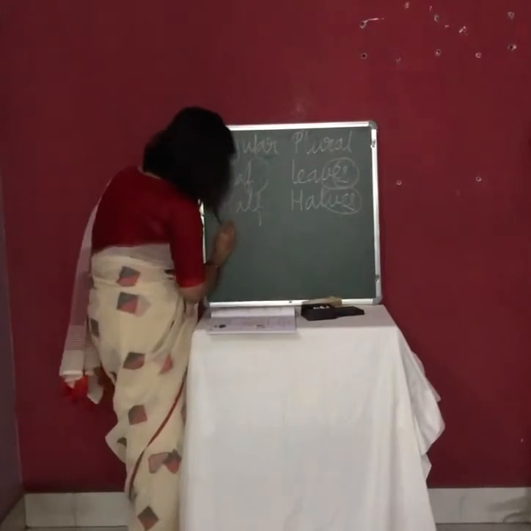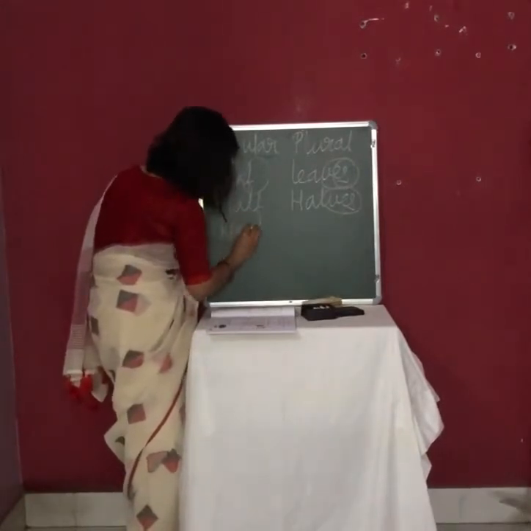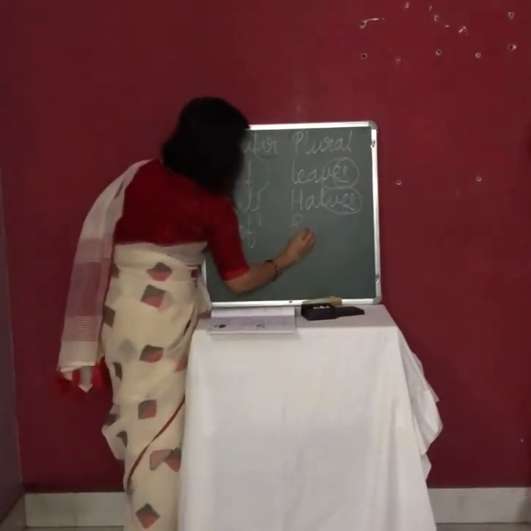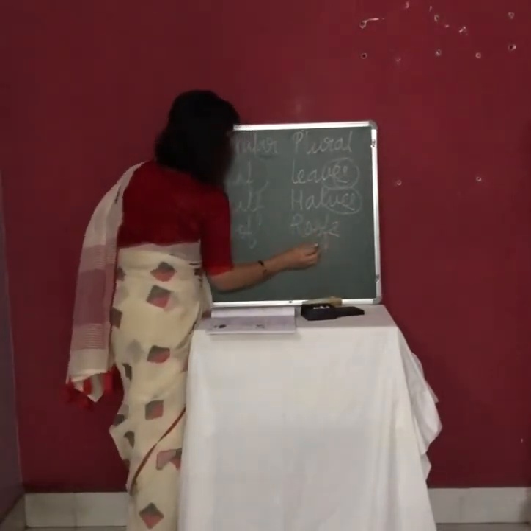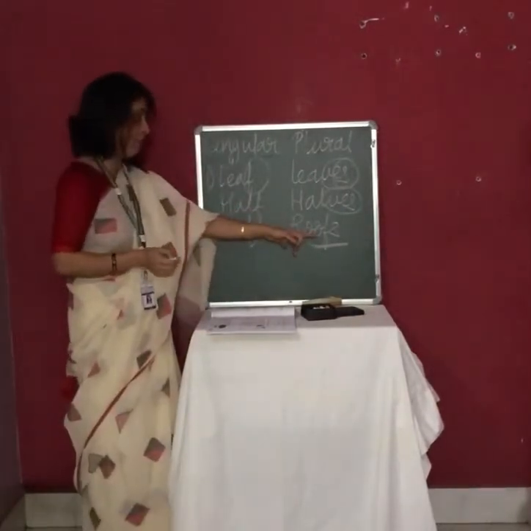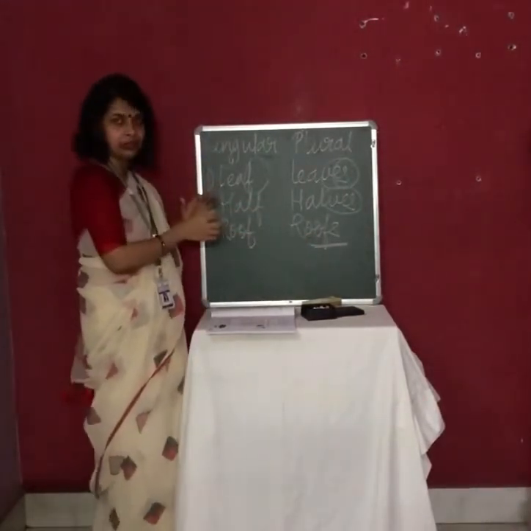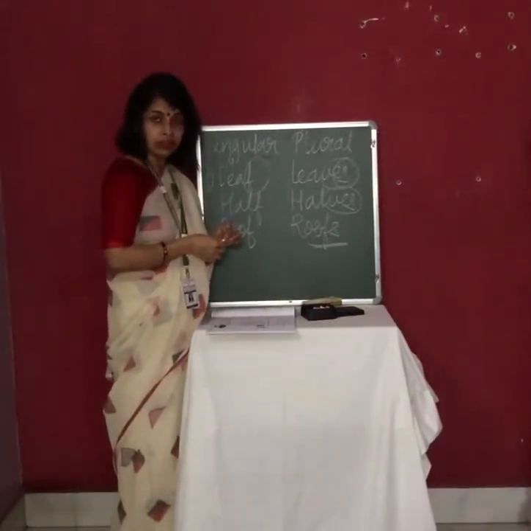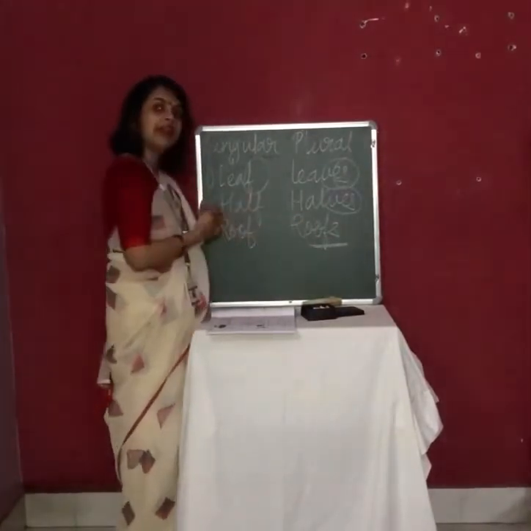But there are also certain words like roof, R-O-O-F. Here you see VES is not replacing F. So these are exceptions. Remember, we were taught about irregular nouns. Similarly, these are exceptions.